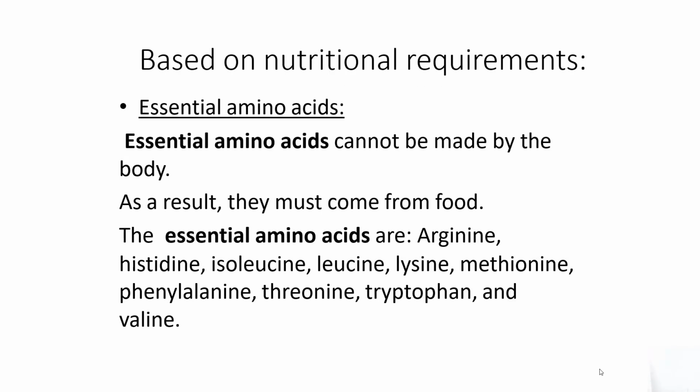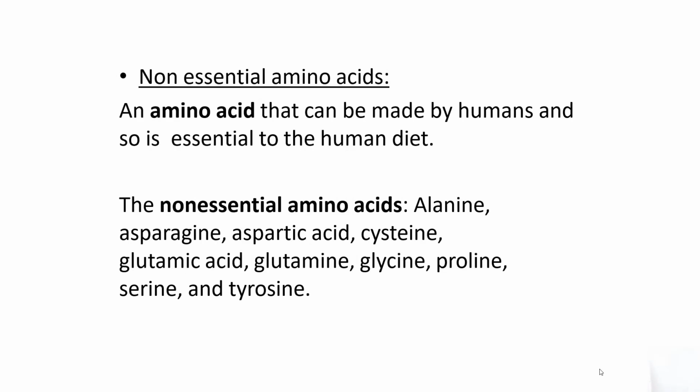Now I've talked about the nutritional classification, like essential, which cannot be made by the body. As a result, they must be taken from foods such as arginine, histidine, isoleucine, leucine, lysine, methionine, phenylalanine, threonine, tryptophan, and valine, whereas non-essential ones are made by humans and are not essential in the human diet.